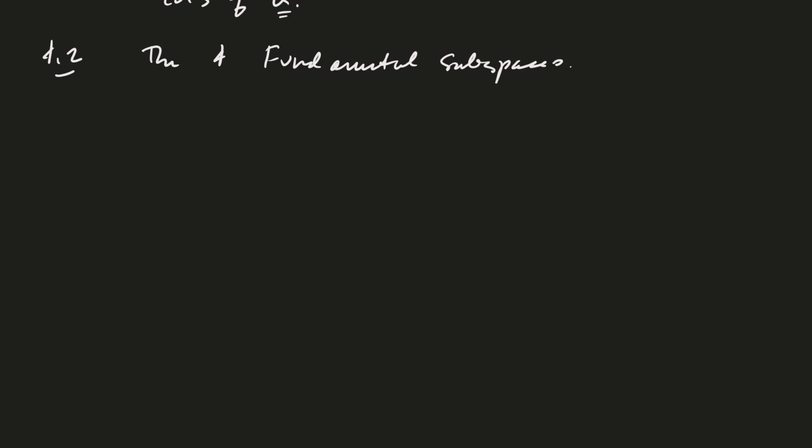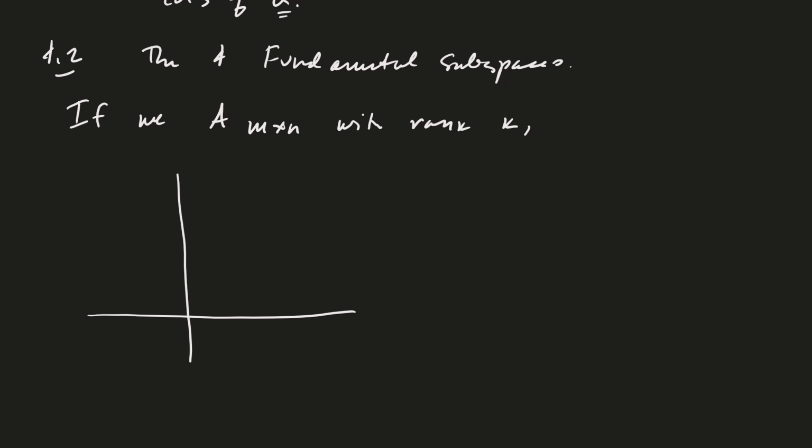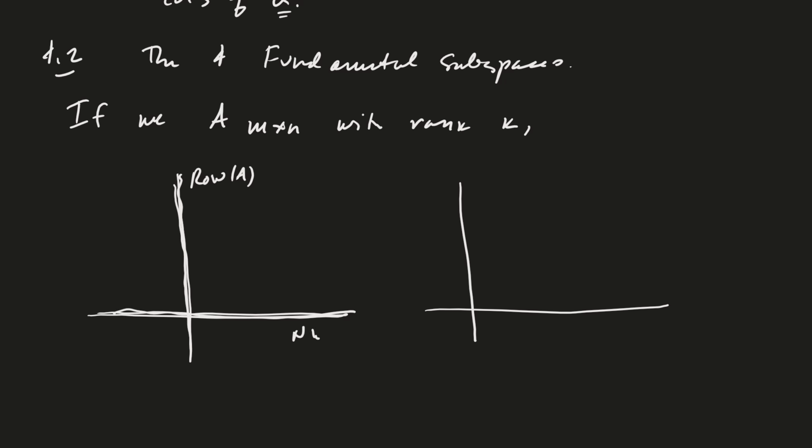And so if we have A, which is m by n, with rank k, then the four subspaces that are associated with that matrix, you can draw as these lines here represent subspaces, and so it looks like a coordinate system, but this is actually, for example, this axis right here corresponds to the row space of A, and this axis right here corresponds to the null space of A.